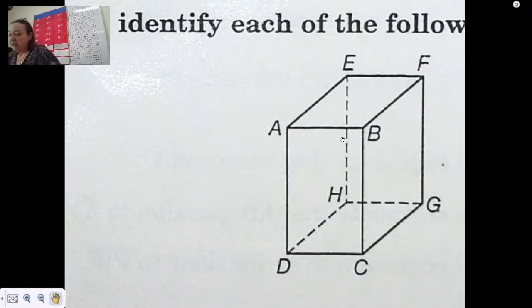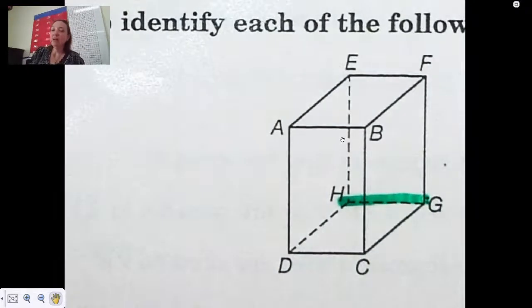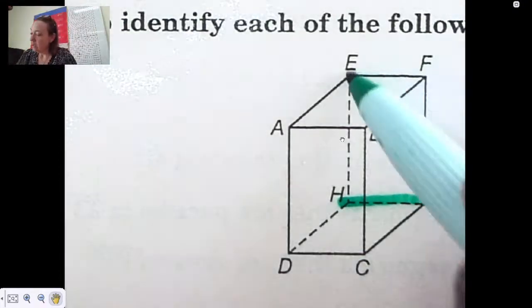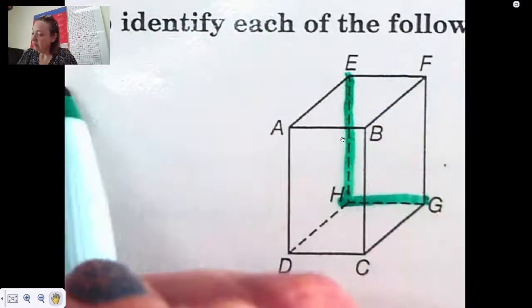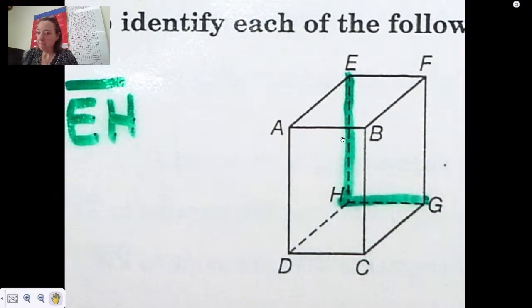Okay. Let's talk about GH. So GH was one of the ones we were just talking about. GH right there. And let's talk about the lines that intersect GH. So what crosses GH? EH does. So EH, segment EH. What else?